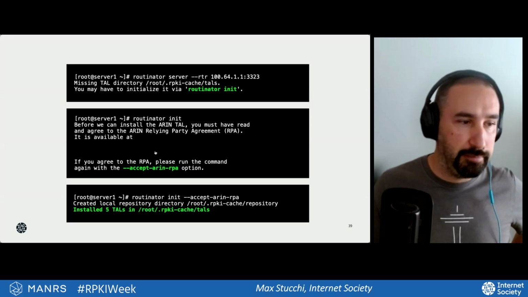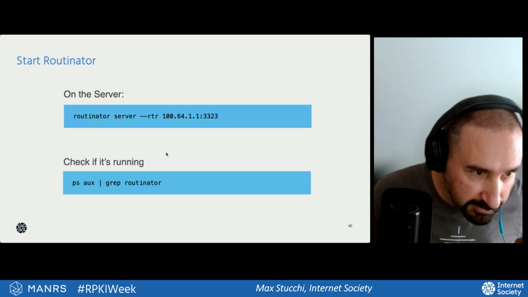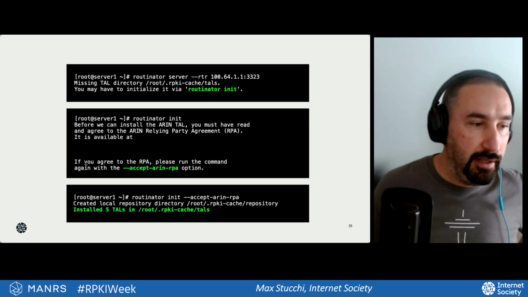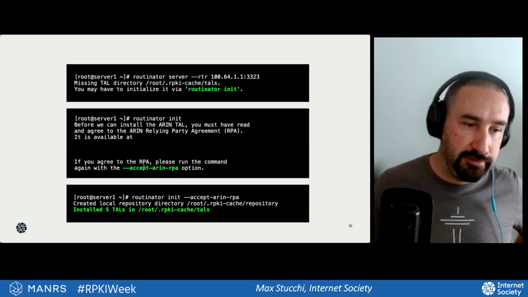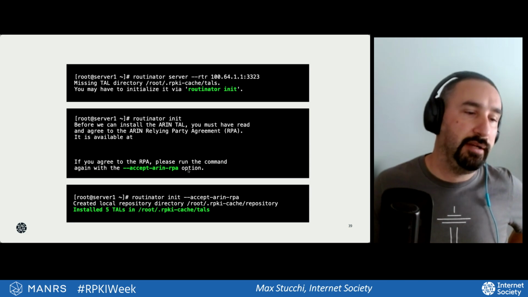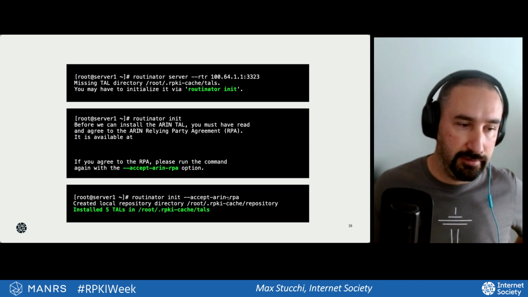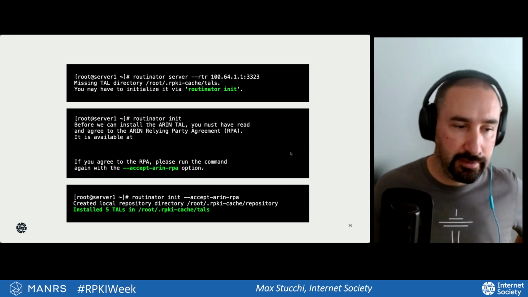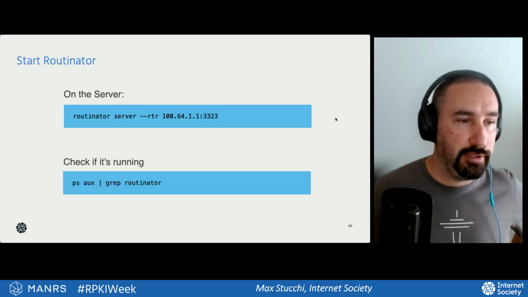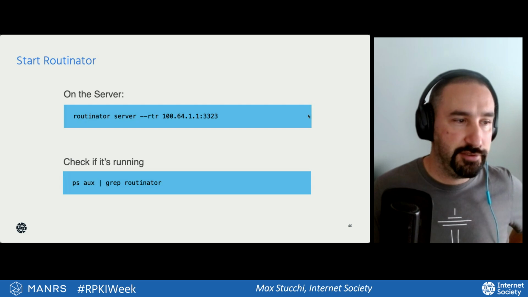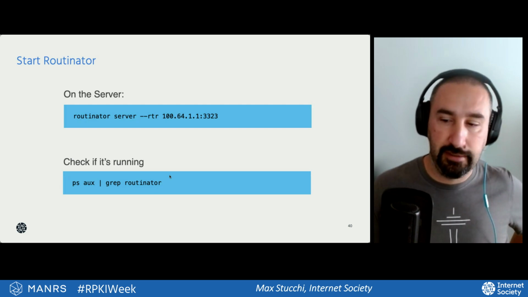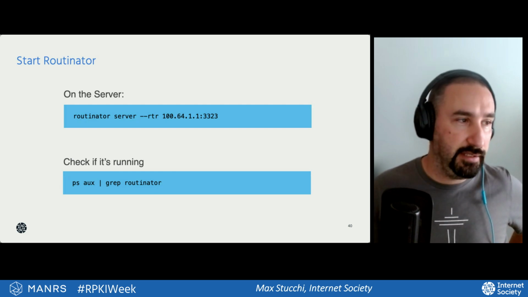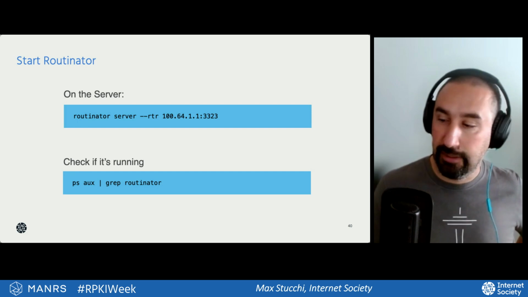It's available at a URL that's hidden in there, sorry. And then if you agree to the RPA, please run the command again with the accept RIR RPA option. And then it installs also the RIR TAL. At which point you can run, again, Routinator server, and then just check if it's running. And ps should be telling you that there's an instance of Routinator running at that point.